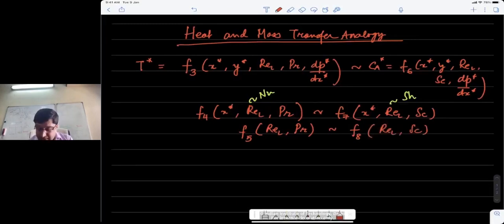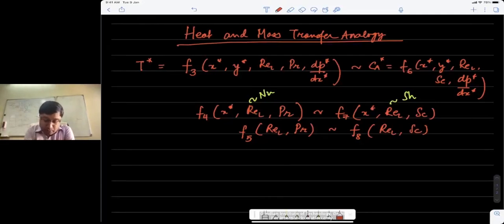The reason I'm saying this is that in general, the kind of mathematics we use for these calculations is the same. If we know something about the functional form of dependence of Nusselt on Reynolds number and Prandtl number, we will use the same equation but replace Prandtl by Schmidt and derive the mass transfer coefficient for the mass transfer problem.